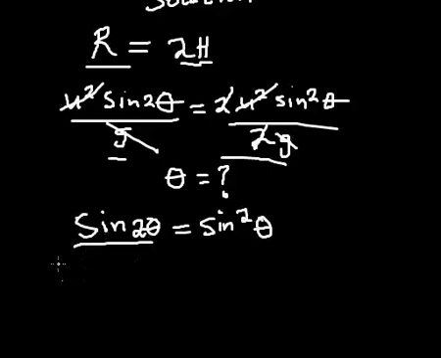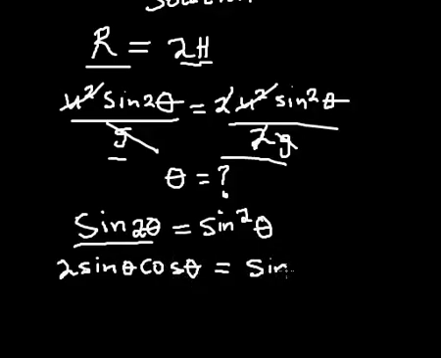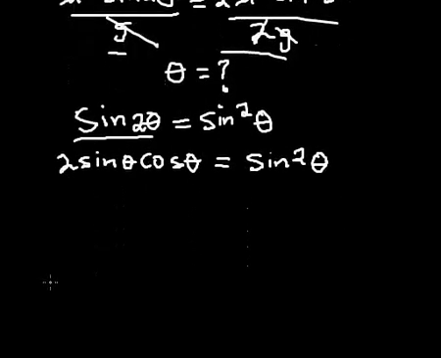Sine 2 theta is a double angle, which is 2 sine theta cos theta, which of course is equal to sine squared theta. I'm going to do one thing now. What am I going to do?